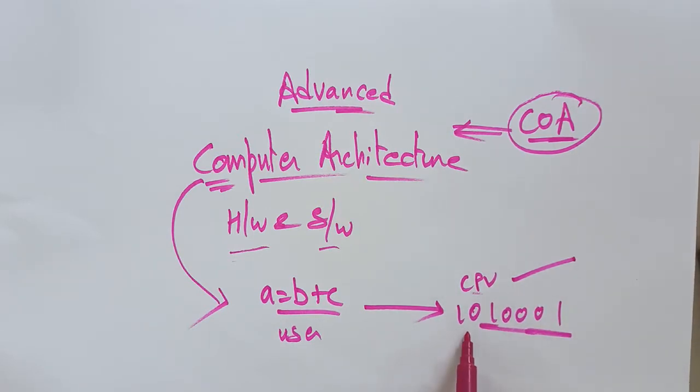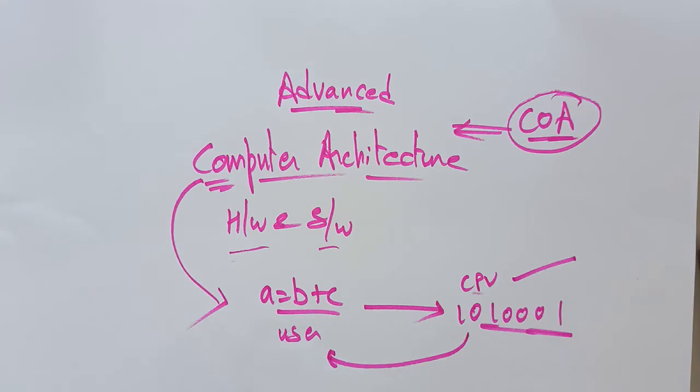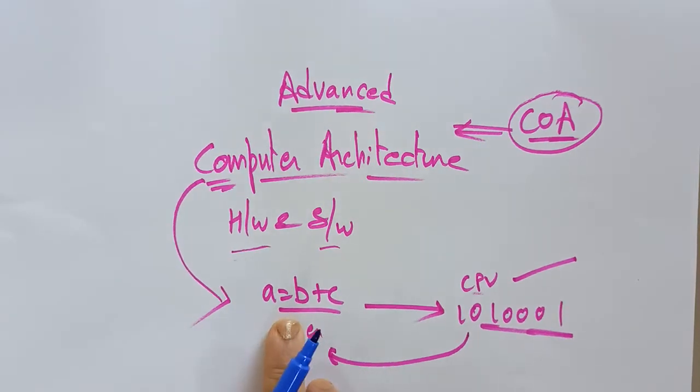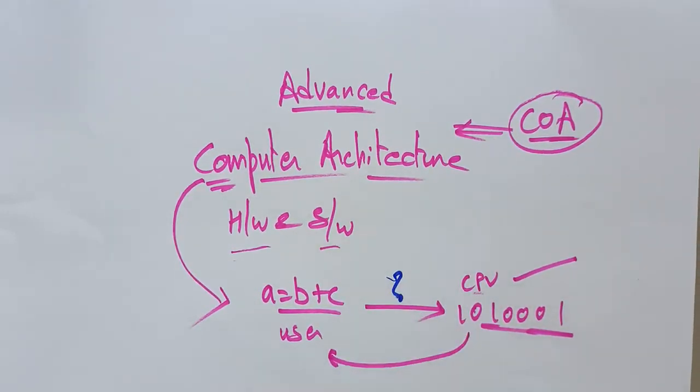Again, it sends back the result to the user in the user understandable language. Here everyone gets a doubt: how are these statements converted into machine code, and how is the machine code converted back into human understandable language? What's happening inside, we are going to learn in this computer architecture subject.